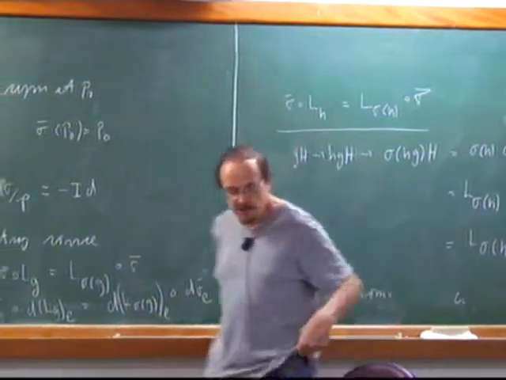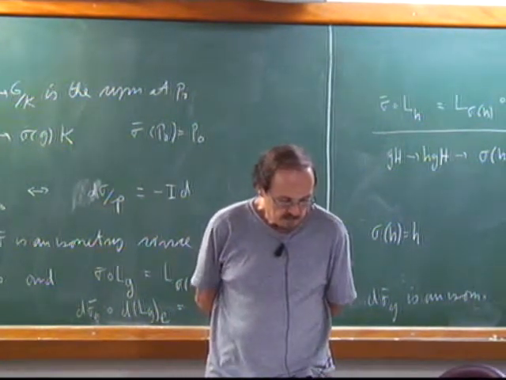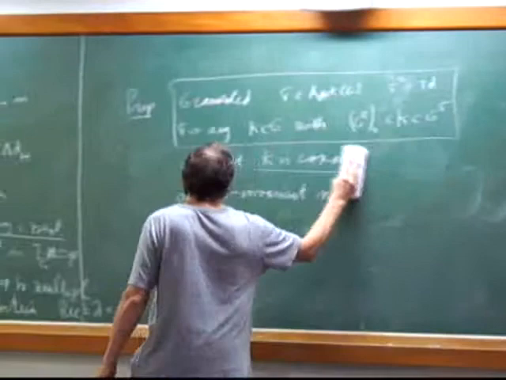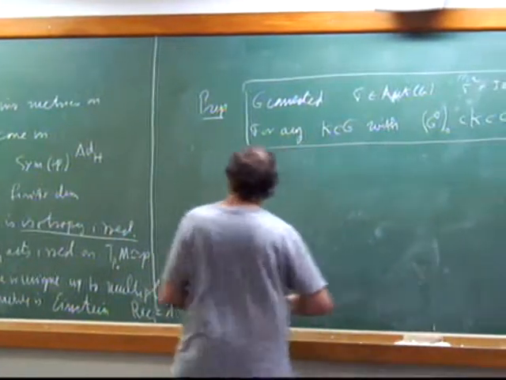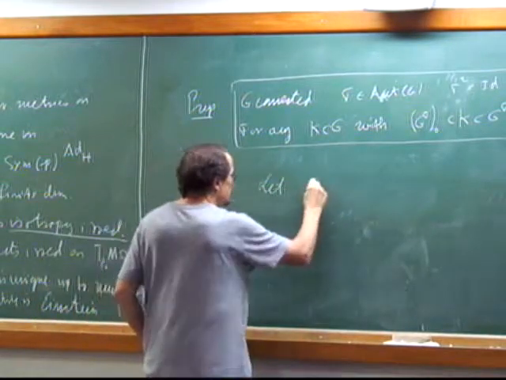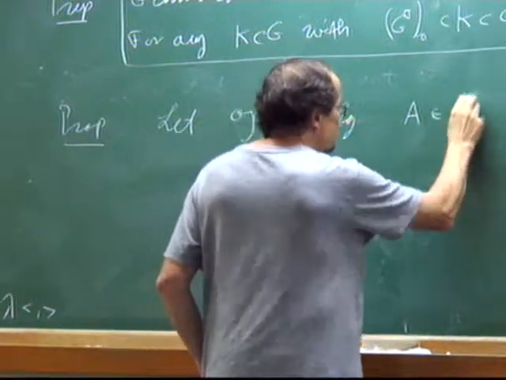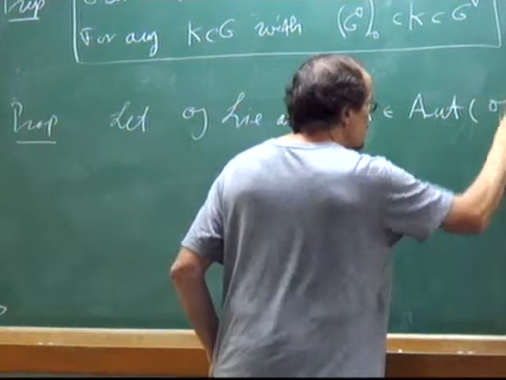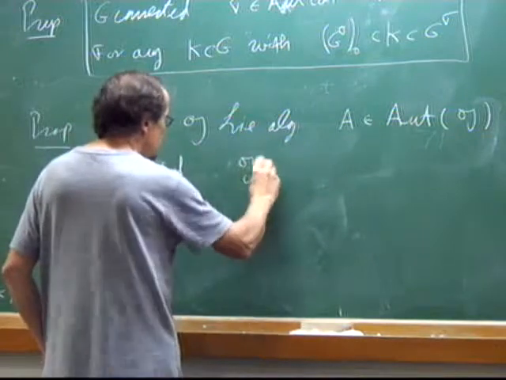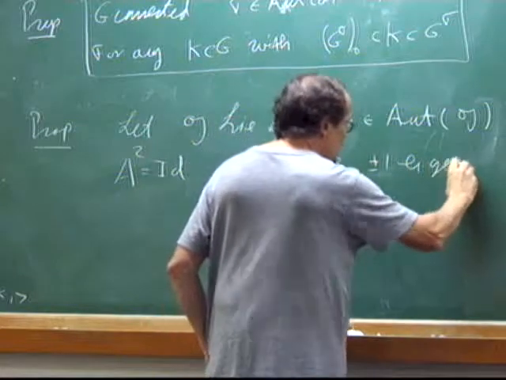I can reduce this a little bit further. Make it completely infinitesimal. So let sigma be an automorphism of the Lie algebra, squaring to the identity. Then g is the K plus P, plus or minus one eigenspace decomposition.